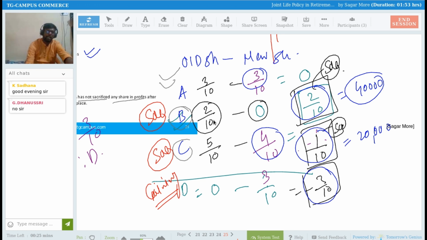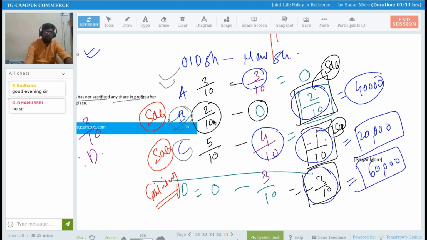Right? And 2 lakh multiplied by 3 divided by 10, 60,000. Yes or no? Are you getting these answers? Yes, 40,000, 20,000, 60,000. Now you have to simply tell me which partner's capital account to debit and which partner's capital account to credit.